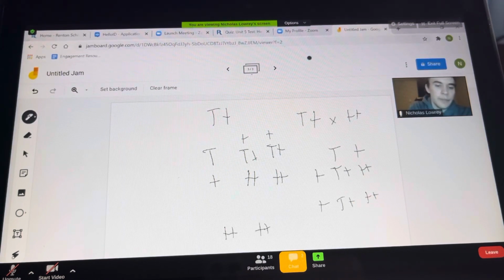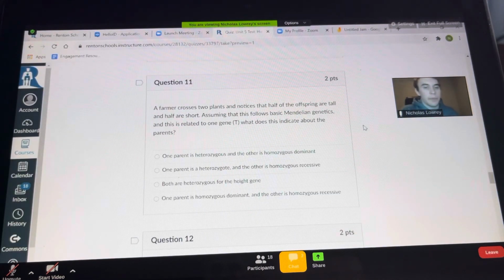And we know that some are tall, so there's going to have to be at least one tall allele, and that's going to give us the heterozygotes, and you can fill in the rest from there. So you're basically working backwards, but at the end of the day it's the same. And the nice thing is, if you weren't sure about working backwards, you could also do a test for each of these and see if you got the right thing.